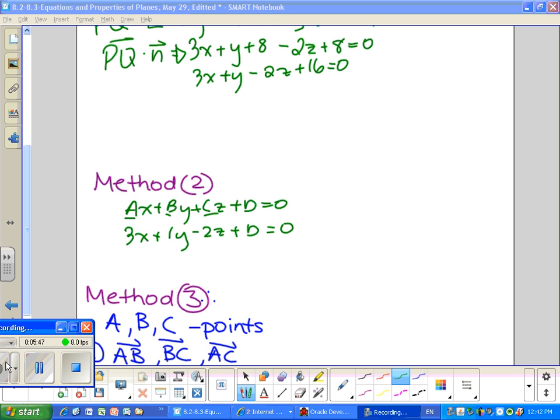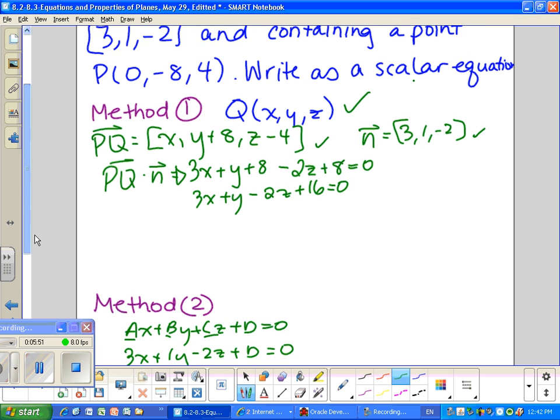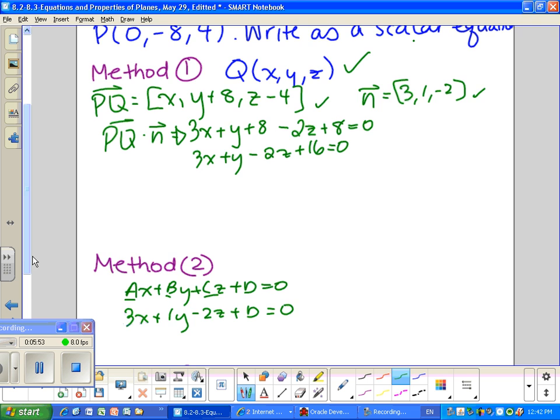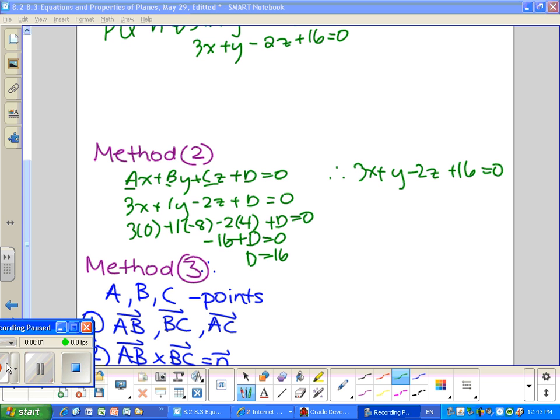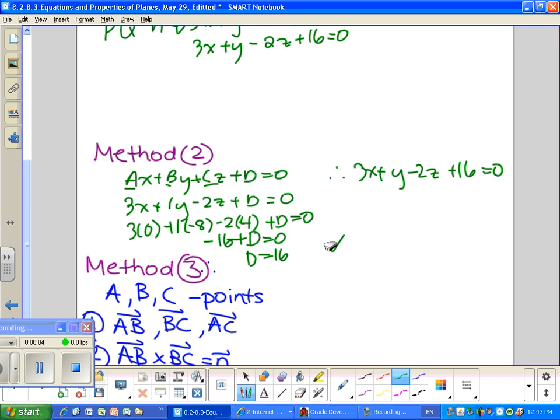We were also given one other piece of information, and that was the point P. What can we do with that point P? Perfect. We're going to sub it in for x, y, z. What's going to be the only variable left? D, and you'll solve. So you should end up with the same equation once you solve for D and substitute it in.